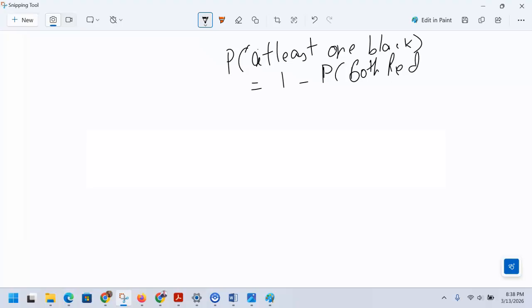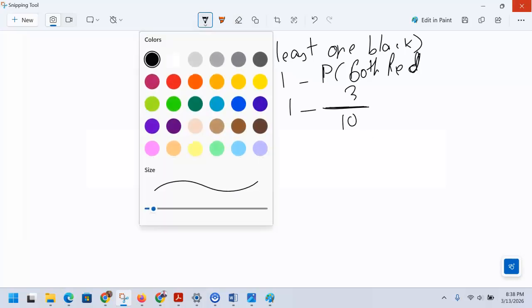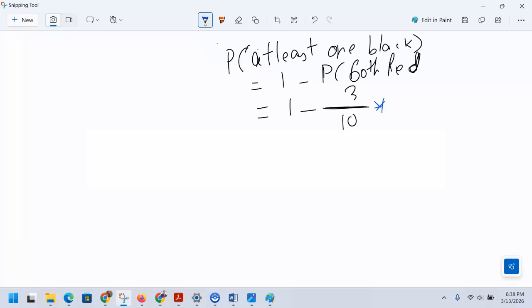So if you had not done the work, you could do it like this: one minus first one red, second one red. Since out of 10 there are three red, it will be three out of ten times then you get the remaining nine, and both red means two out of nine. So you could do it this way also, and this will be 6 by 90. And you multiply by 90, divide by 90, and you get 90 minus 6.